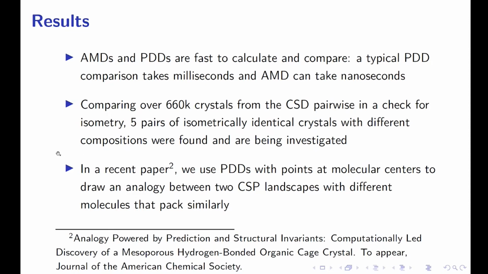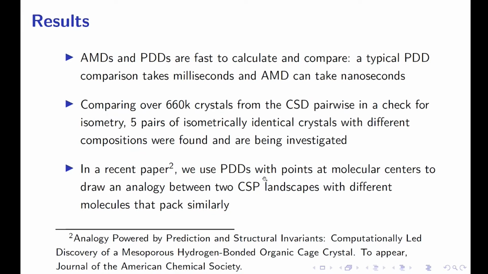And then recently we managed to use this, but instead of putting a point in the center of each atom, we could put a point in the center of each molecule. And this is good for comparing two structures with different molecules, because if you have different molecules, similarly to packing similarity, if we give them to PDD, it's just going to say they're very different, because different molecules, it's obviously a different structure.